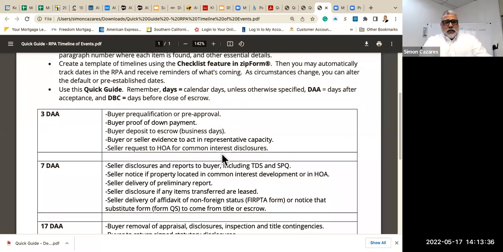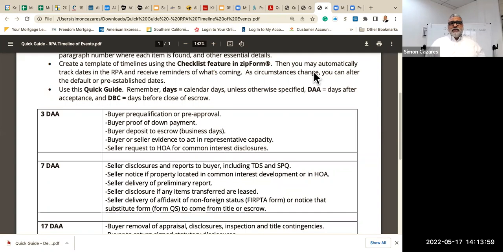Okay. Days after acceptance. Days after acceptance also includes buyer or seller's evidence to act in a representative capacity. Okay. This is more if you are a corporation, a trust, okay, or any type of third-party position.